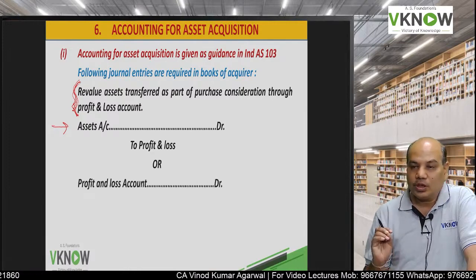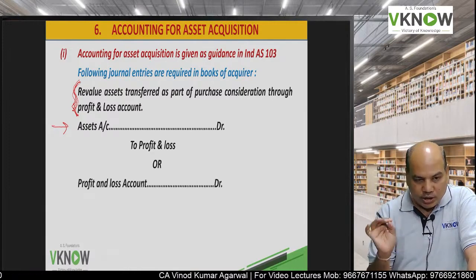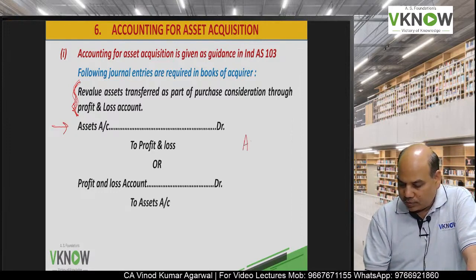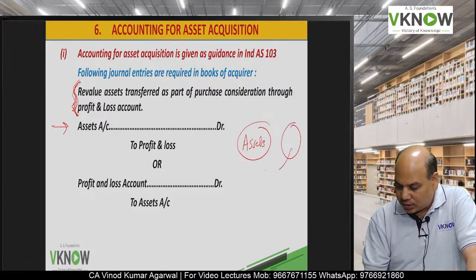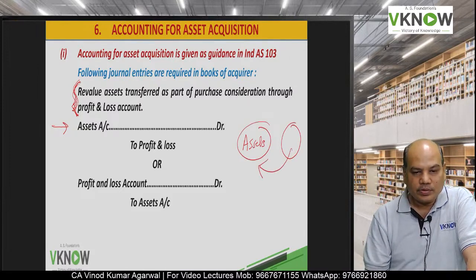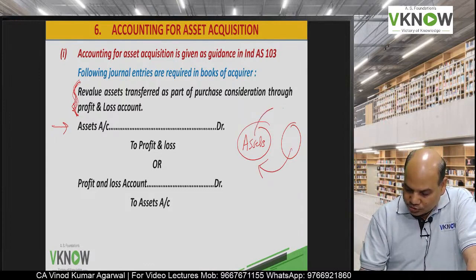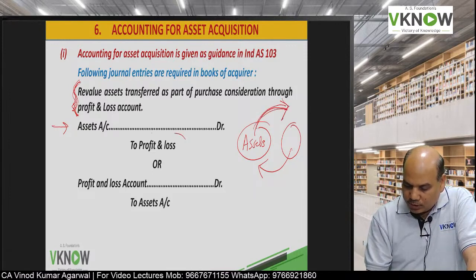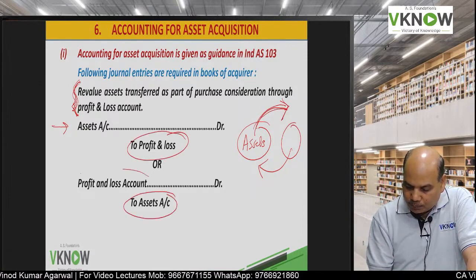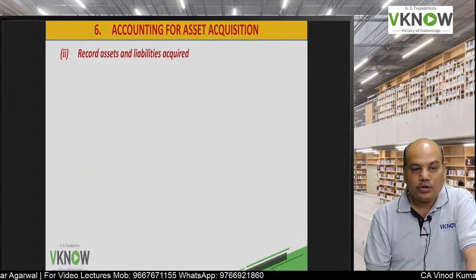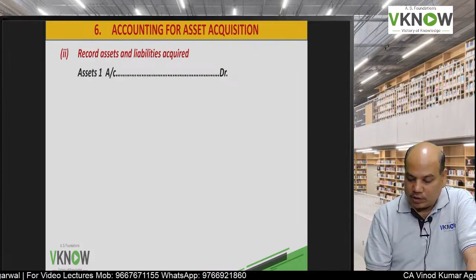In case there is a loss, P&L account debit to asset account. You have transferred certain assets and you have acquired another company's business, but it is not a business combination, rather it is an asset acquisition. So this asset which we are transferring will be revalued and the profit will be transferred to profit and loss account. Then you will record the assets and liabilities acquired.